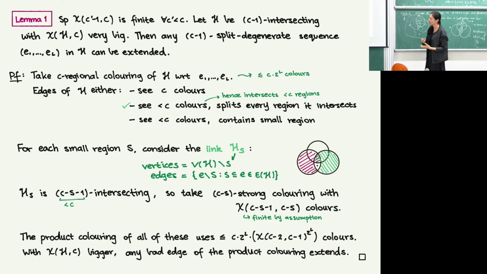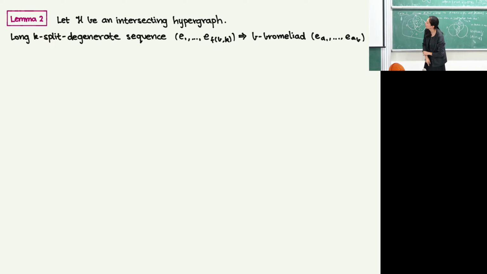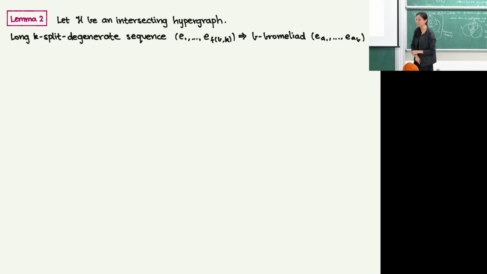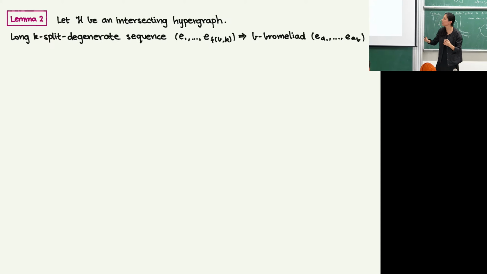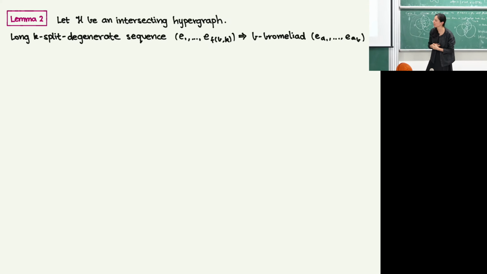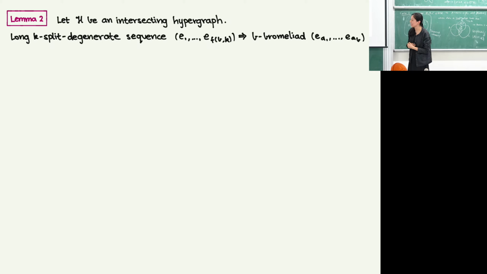Okay. So let's keep this lemma in mind for the moment, but I'll try to prove one more lemma as well. So this is basically saying, given we have this long k-split degenerate sequence, we can extract our Bromeliad. So here, let's let H be an intersecting hypergraph.